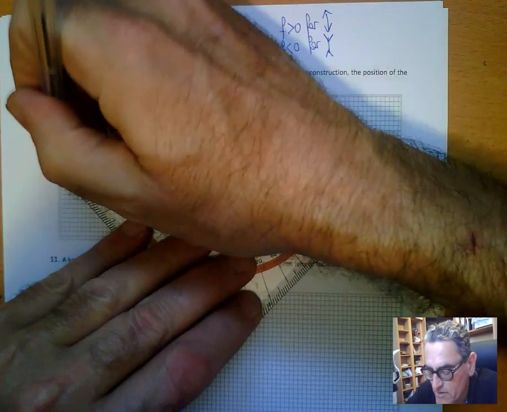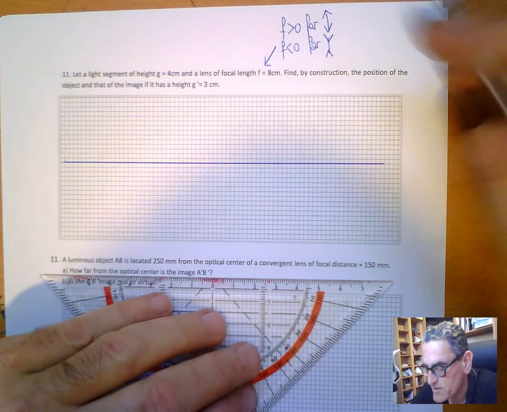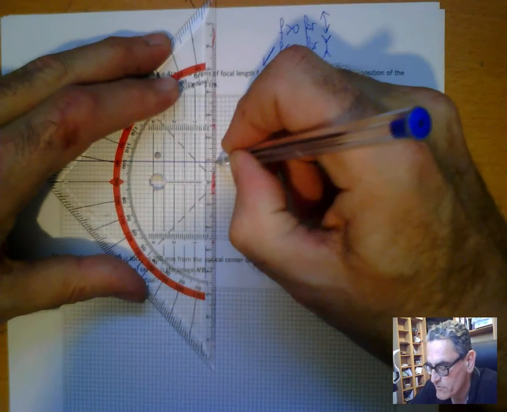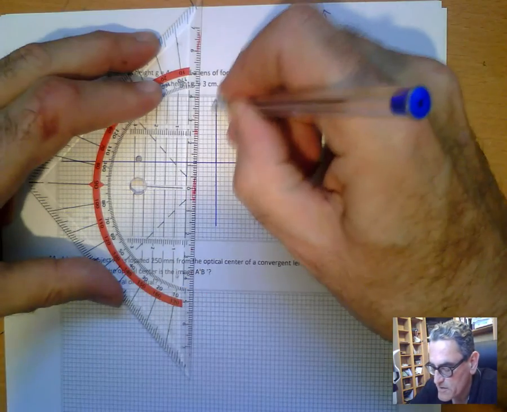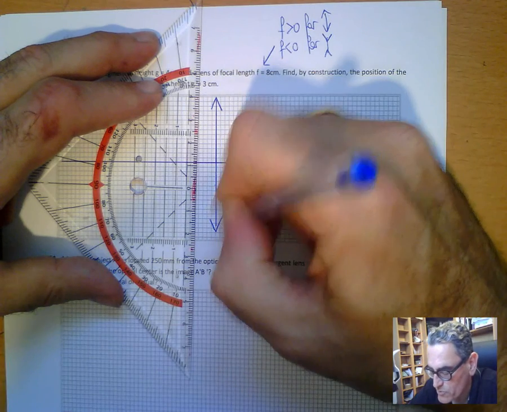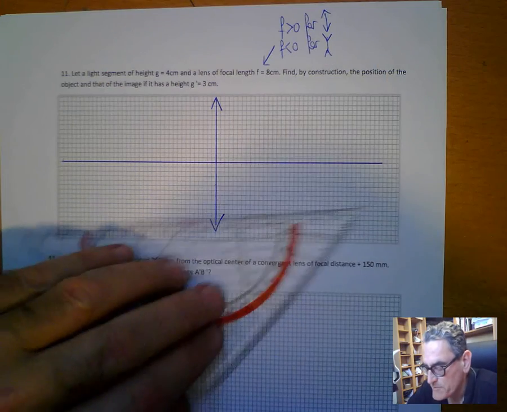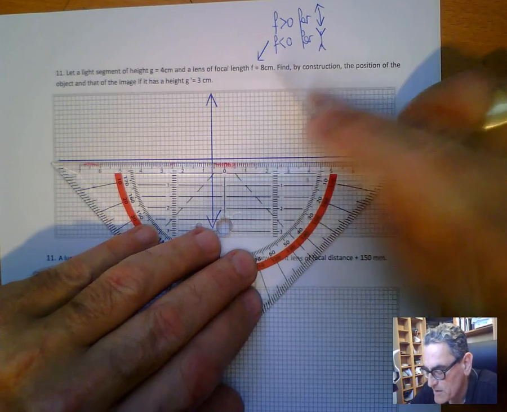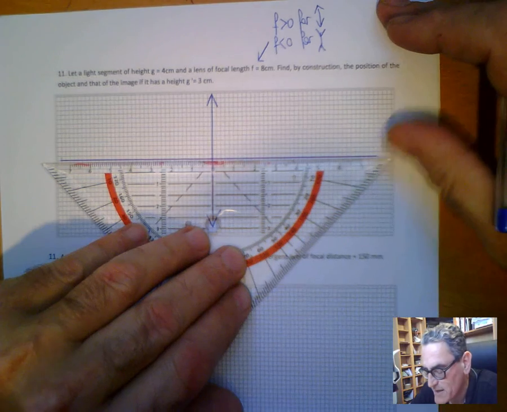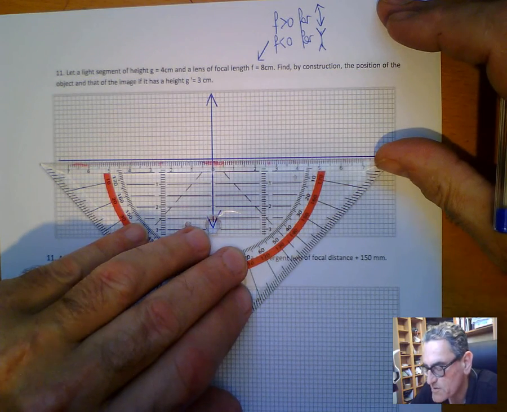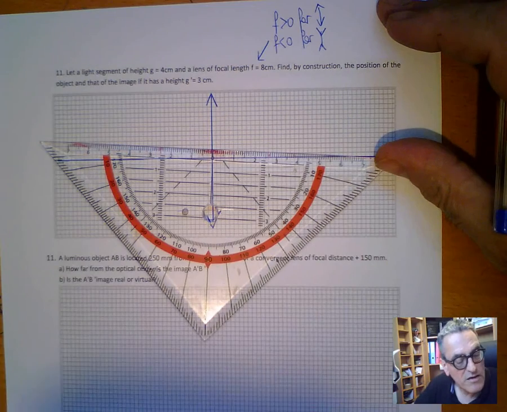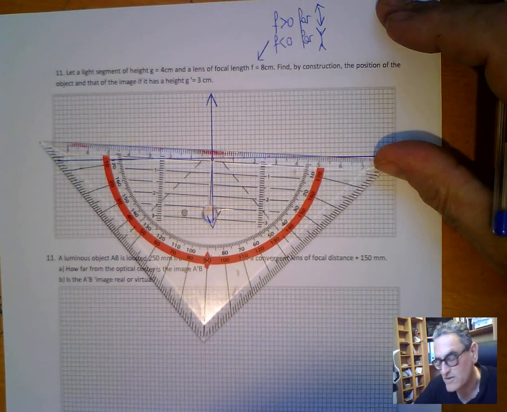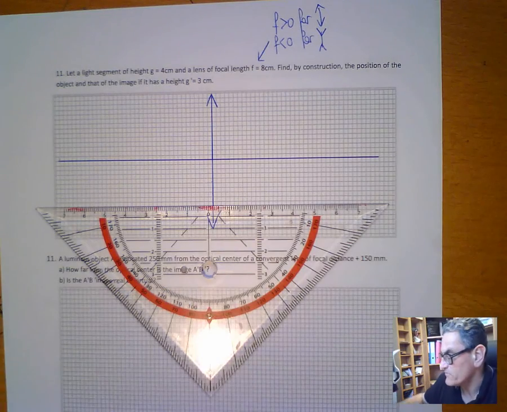So, you have your optical axis, and then you have a lens which is converging. So, you draw it like that. Then, focal length 8 centimeters. No, it's a bit long. What did I do last time? Did I scale it down? Yeah, let's scale it down by 1/2.